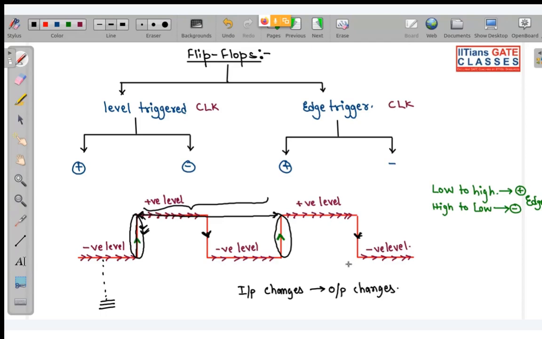So assume the input of a positive edge triggered flip-flop, listen very carefully. If the input changes at this moment, the output will not change for a positive edge triggered flip-flop until the flip-flop encounters a positive edge.